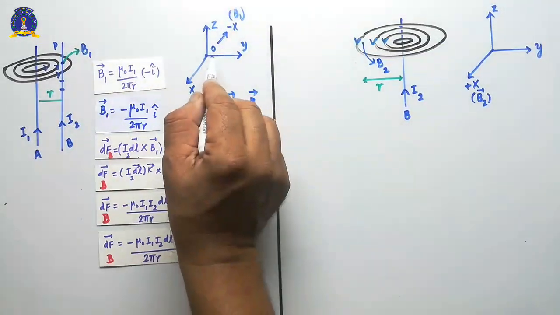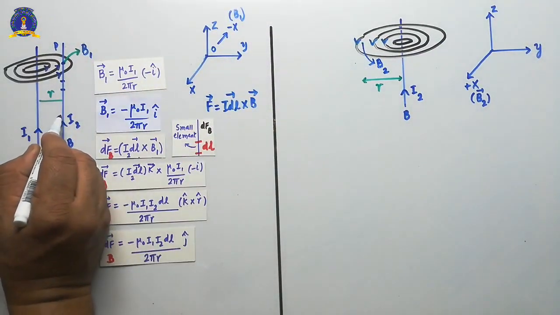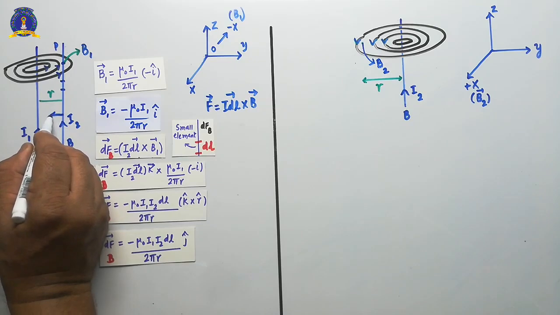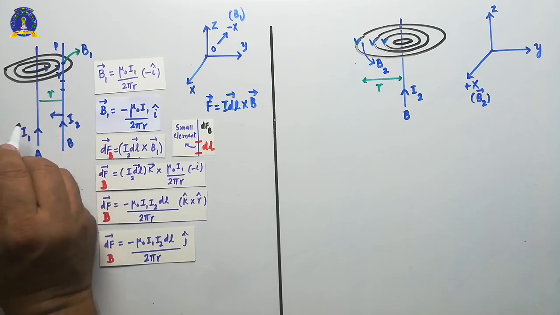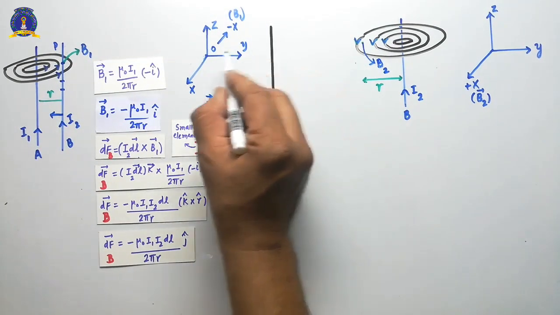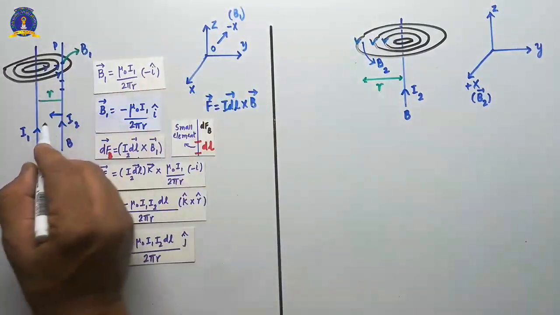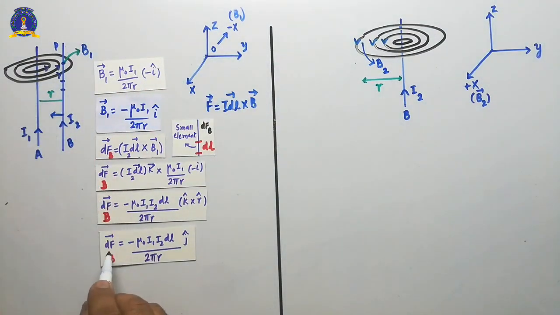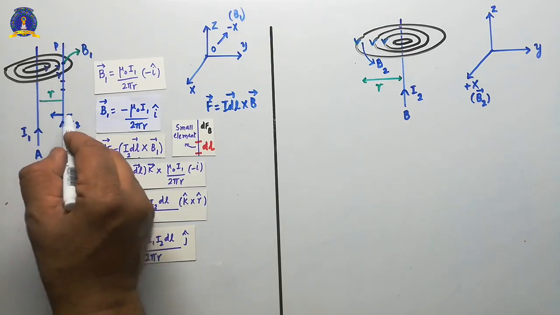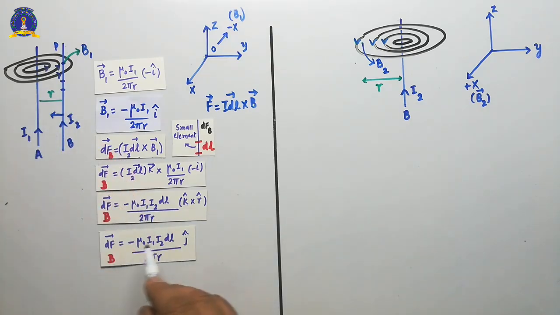So negative Y direction means we can write like this. This is acting in this direction. Look at that. This is the positive Y direction. This is the negative Y direction. Therefore, this dF vector, the force acting on B, is acting in the negative Y direction. That's why minus J cap is there.